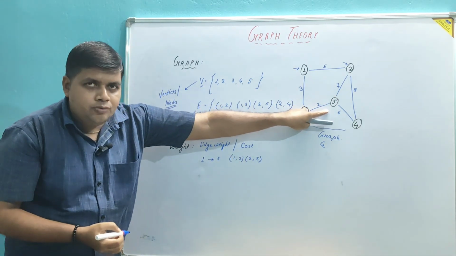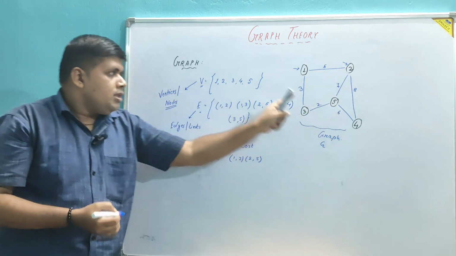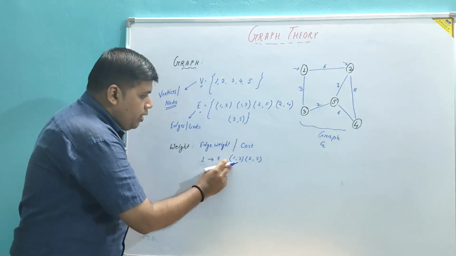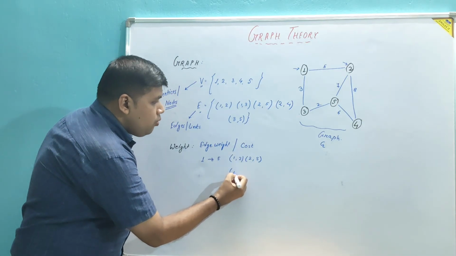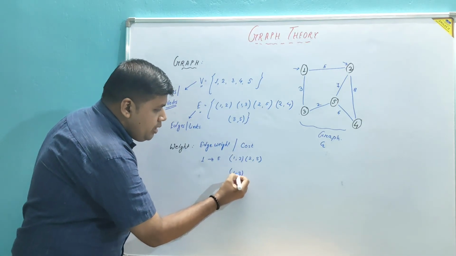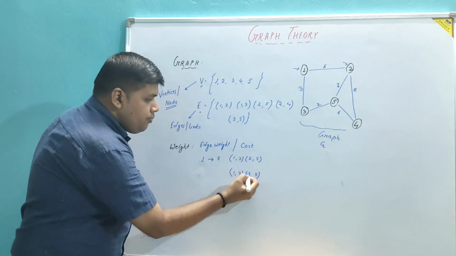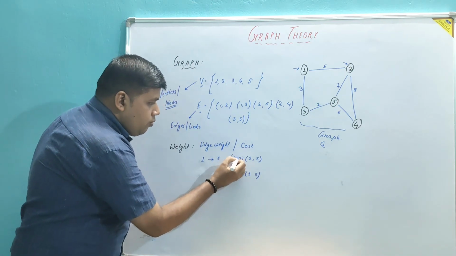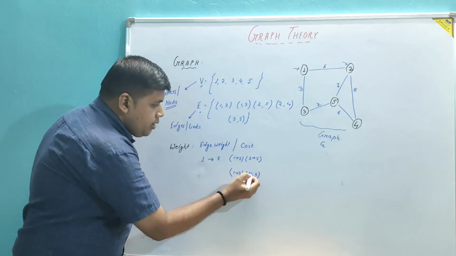Because there is no direct path from 1 to 5, it will have to move through 2 or through 3. So 1 to 2, then 2 to 5. Another path is 1 to 3, then from 3 to 5.